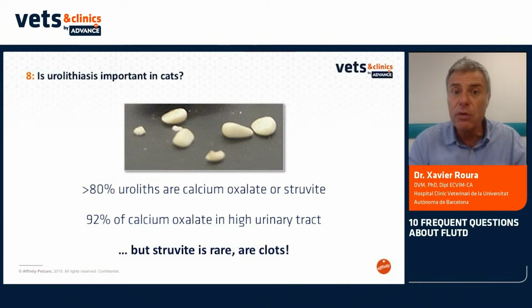But if we don't find one, this means either it is in the upper urinary tract, or perhaps it does not have enough size, or it is produced by another kind of mineral, like xanthine or cystine. Struvite uroliths in the kidney are very rare.